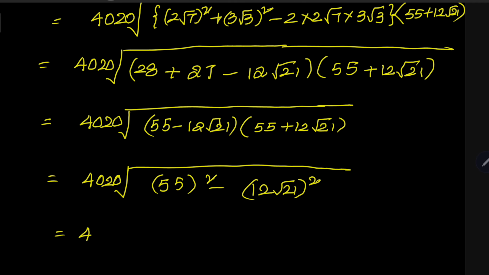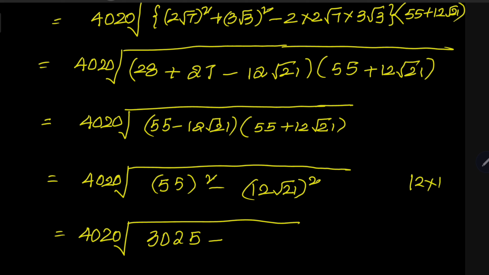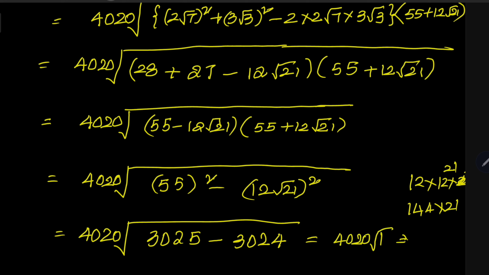That will be the 4020th root of 55 square, which is 3025, minus (12 root 21) whole square, that is 12 into 12 into 21. 12 12s are 144. 144 into 21 is 3024. Now you can see what we are having inside now is simply 1. 1 to the power of any number is always equal to 1 only. So our answer is equal to 1.